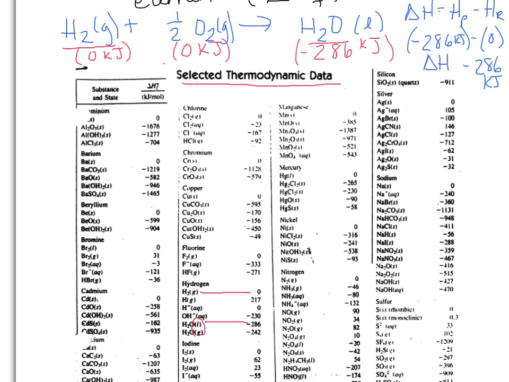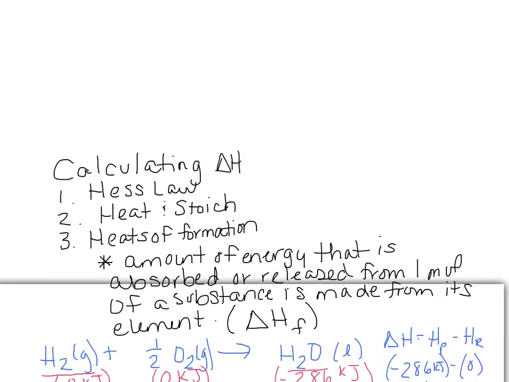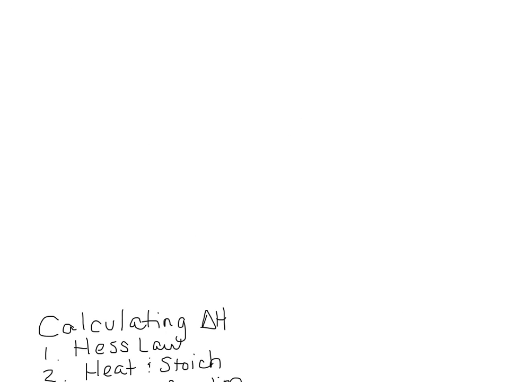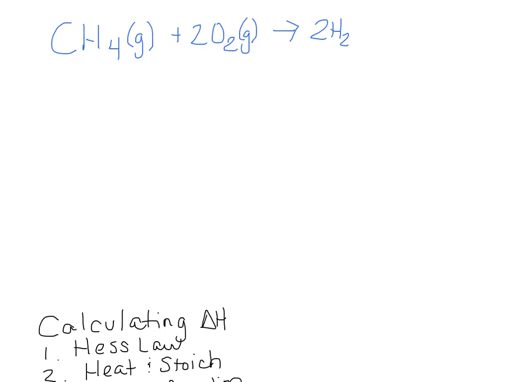If we continue to a second example, let me slide up here where I have some more room on my screen. What if you have methane gas that combines with 2 oxygen gas to produce 2 liquid waters and a carbon dioxide gas?